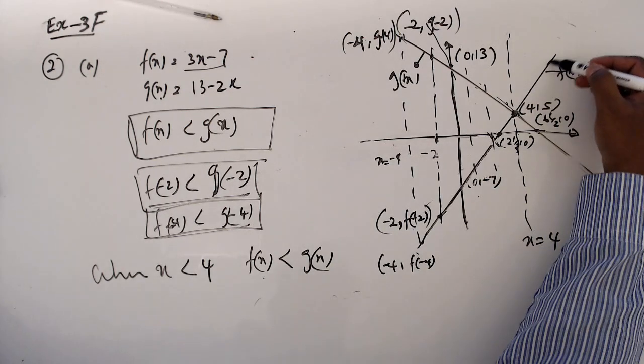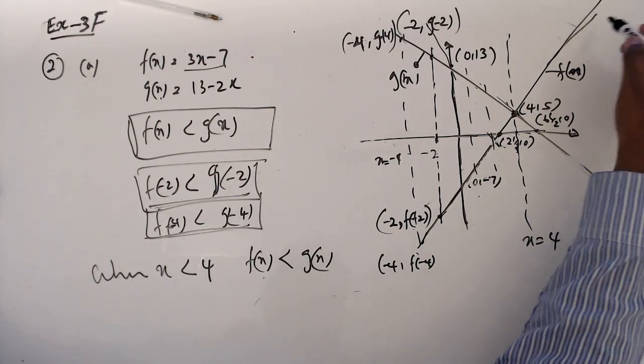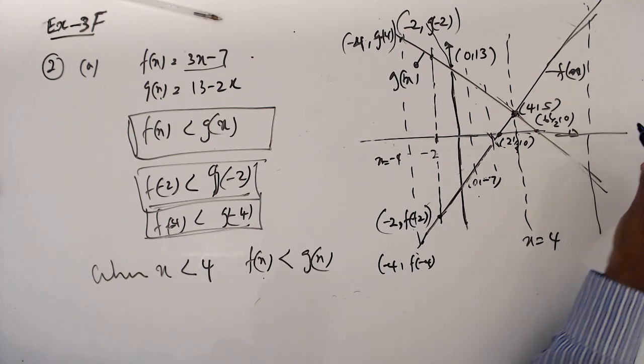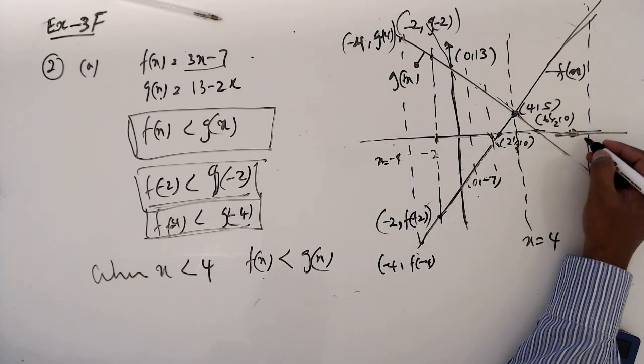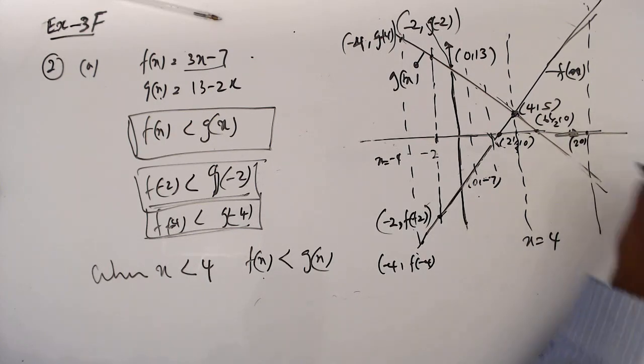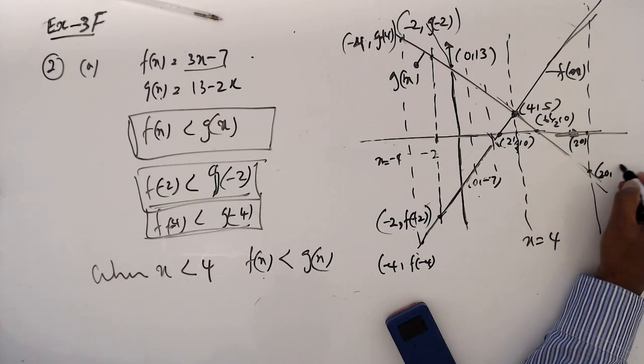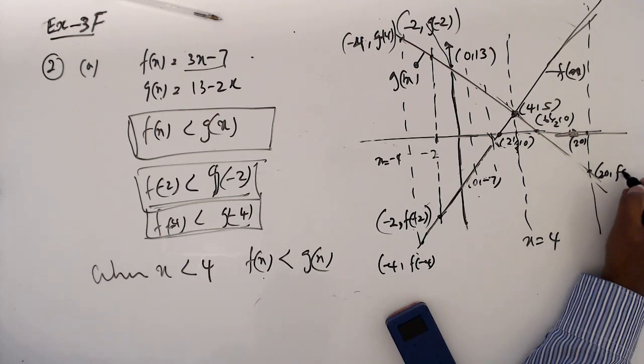For your knowledge, I'll pick up another point from here. I'll take this x equal to 20. So then what is this point? 20, g(20).